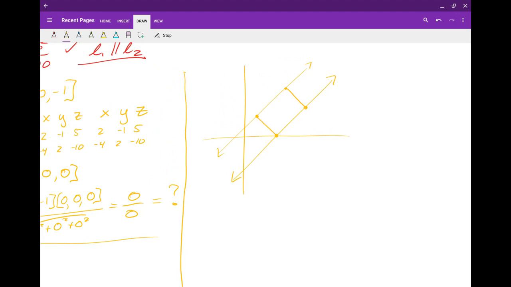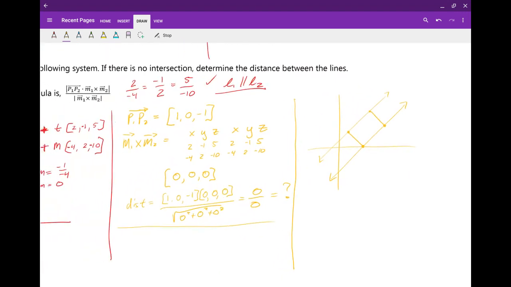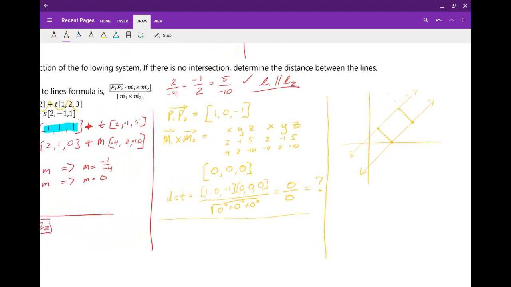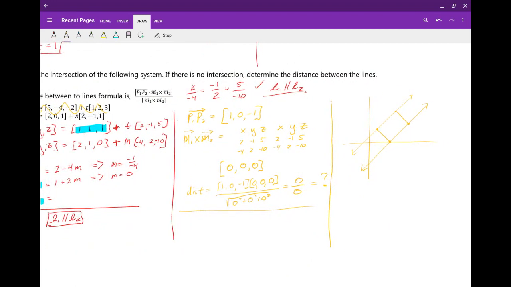What I currently have is the slope of each of these lines, and then I have some points. One of the points could be over here, and let's say the other point is over here.